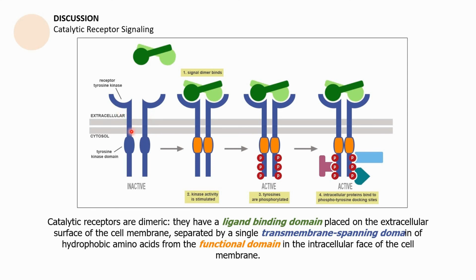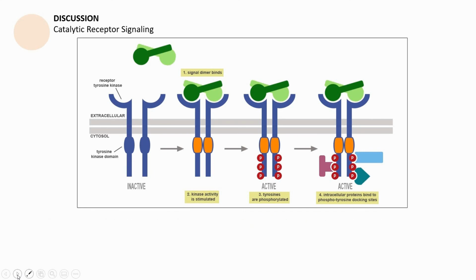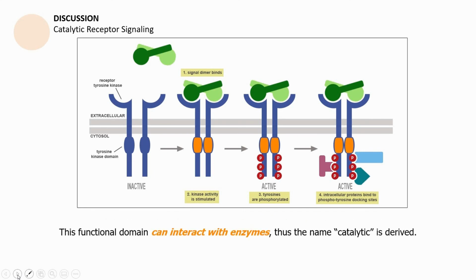Ito siya. So from the external part, it extends to the internal part of the cell. Okay, so this is transmembrane, and then the functional domain is this one, this tyrosine kinase domain. So that is how it is for catalytic receptor signaling. This functional domain can interact with enzymes, thus it is named as catalytic.